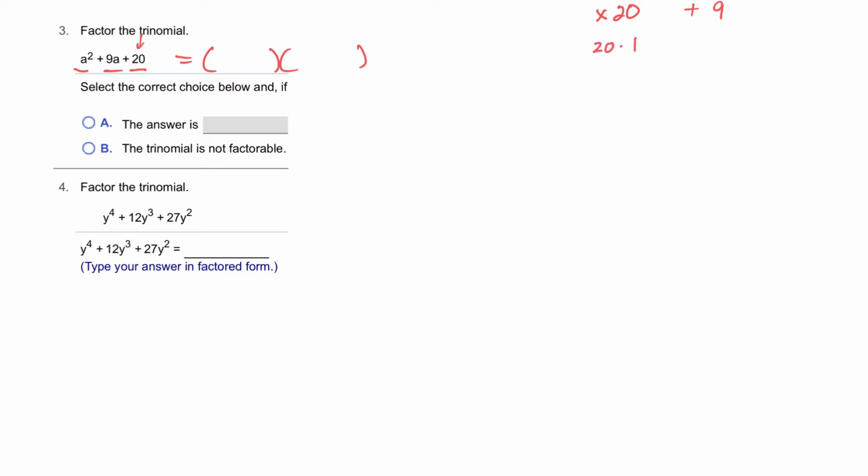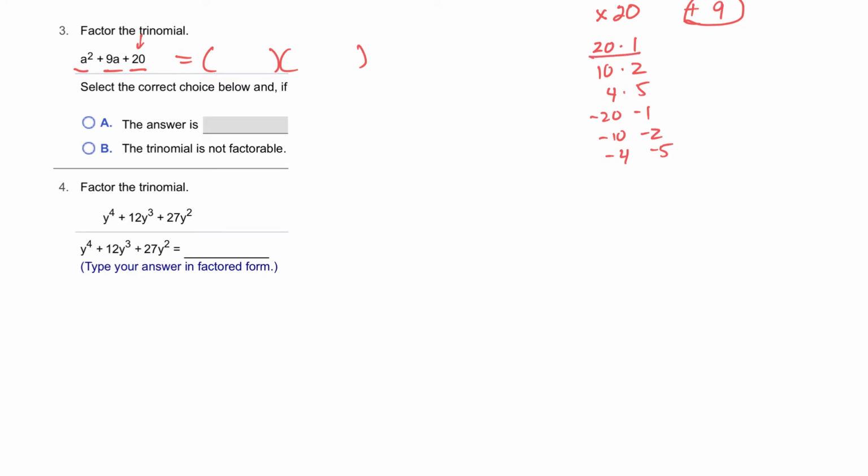20 times 1, 10 times 2, 4 times 5. Also, if you count the negatives, you could go negative 20 times a negative 1, negative 10 times a negative 2, negative 4 times a negative 5. Now, you have to pick which of those actually adds to a positive 9.